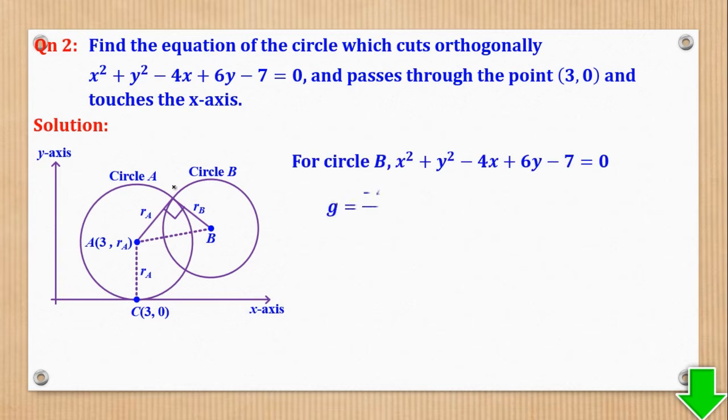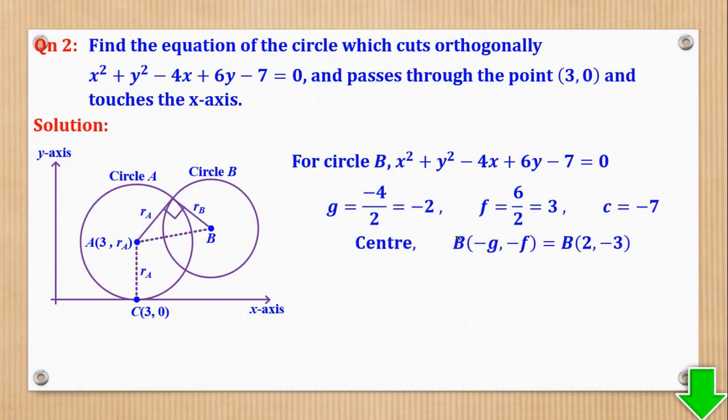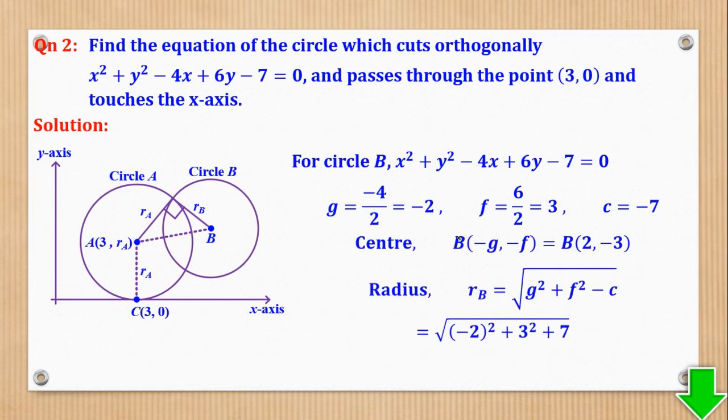Now for circle B, G is that, F is that, and C is that, therefore the center is that, and therefore the radius is also that. So for this circle we have the radius and the center.